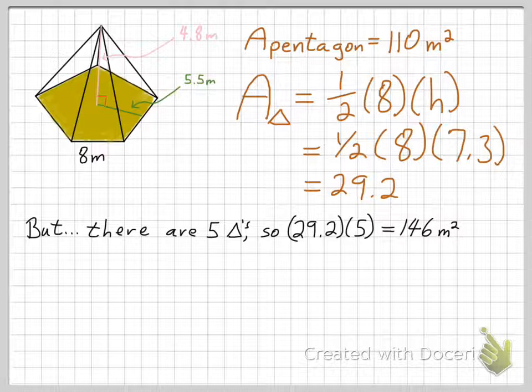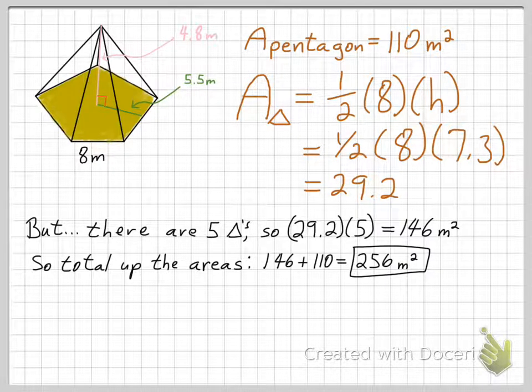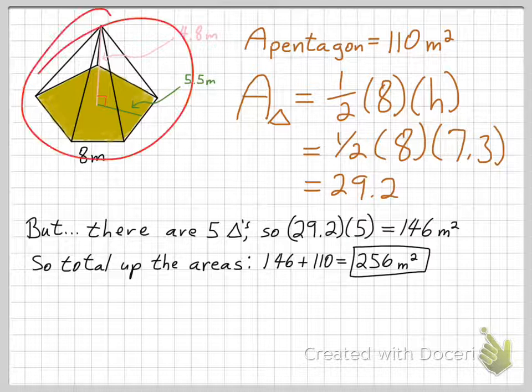So that would be the sum of the areas of the 5 triangles. And so you total up the areas. The 5 triangles plus the pentagonal base is 146 plus 110. And so you get 256 square meters. So the total surface area of this pentagonal pyramid is 256 square meters.